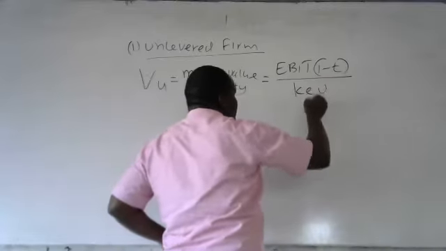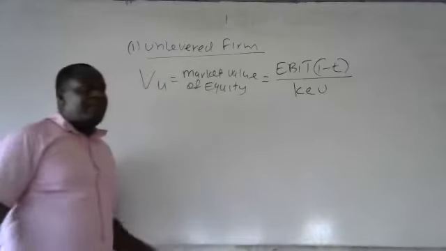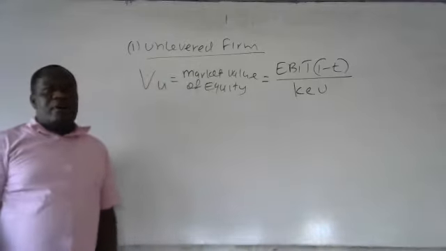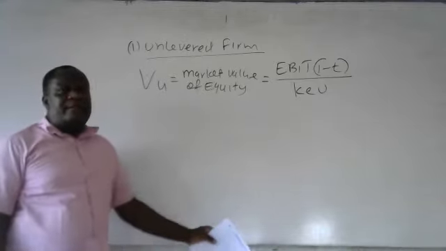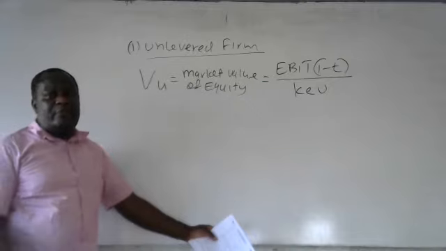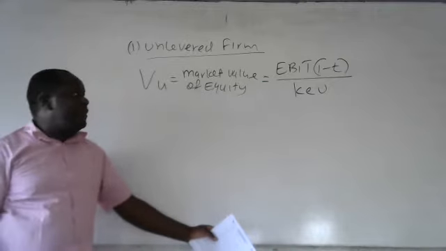KEU is the cost of equity of the unlevered farm. The value of the unlevered farm is the same as the market value of equity. That's the market value for the ordinary shares.